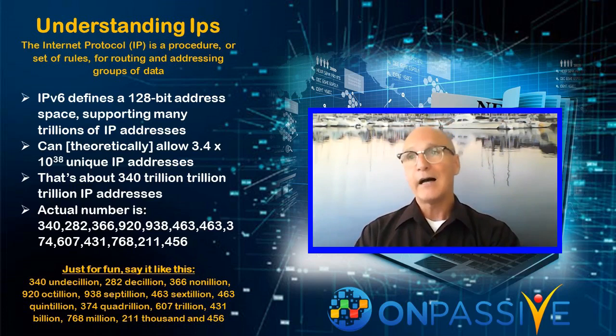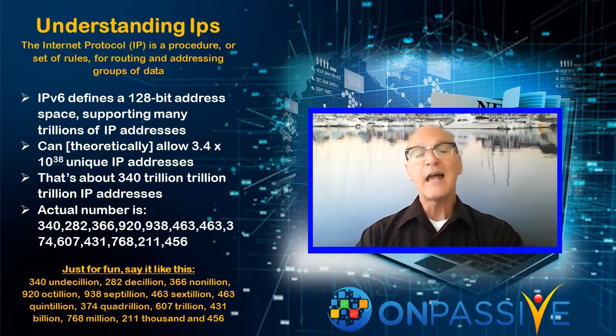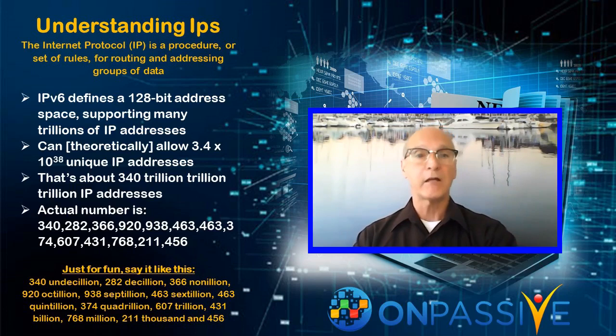But I just use the term a gajillion. There's a gajillion addresses, and it's that massive availability of address space provided by the IPv6 system that really is the primary benefit.